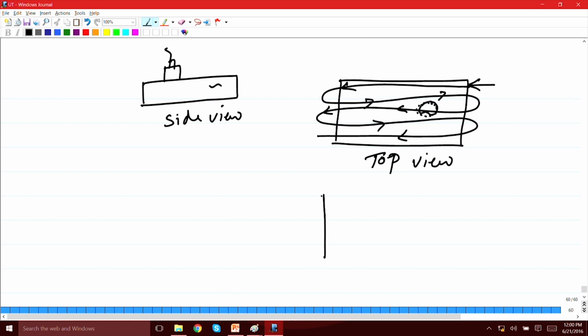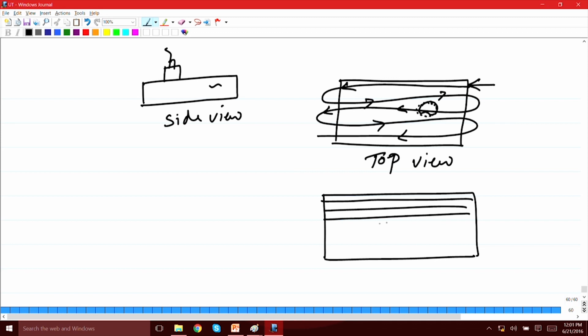So, this is the C scan view, this is how it will look like. So, it will show that top view or plan view, and you will see a profile of this defect at that particular location. Okay.